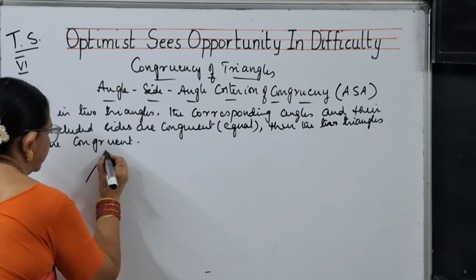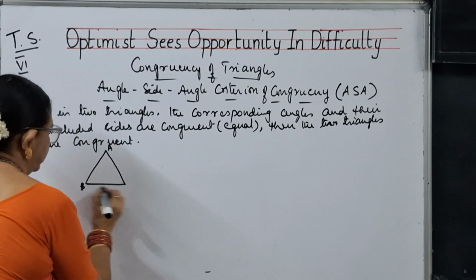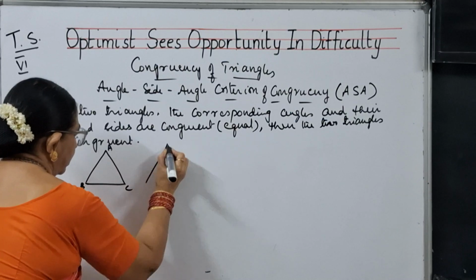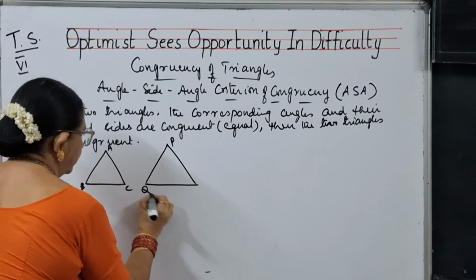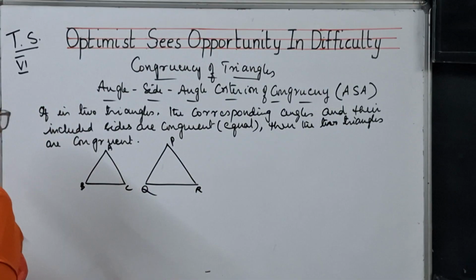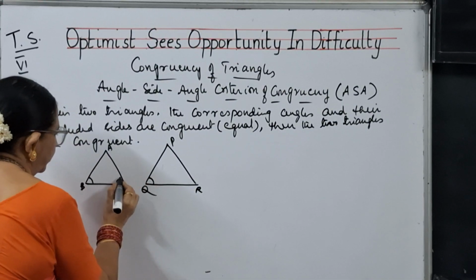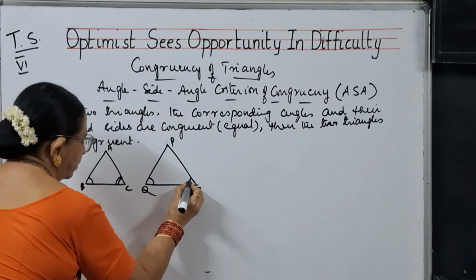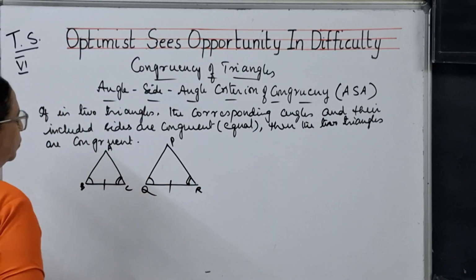So let me take a triangle ABC and another triangle PQR. So if I say that angle B is equal to angle Q, angle C is equal to angle R, and BC is equal to QR.